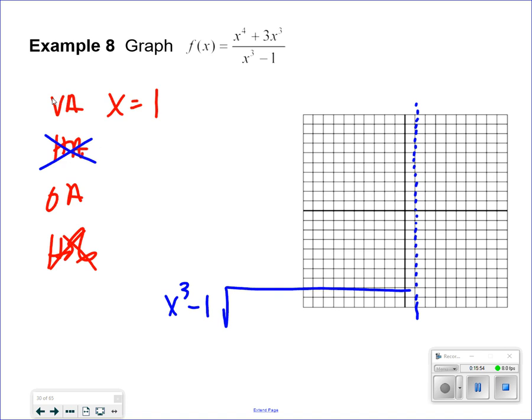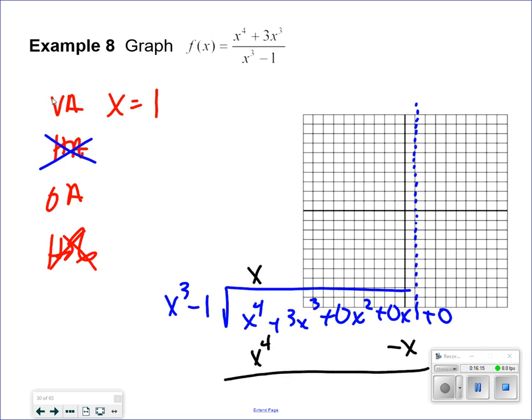I long divide. X to the 4th, 3x cubed, no x squared, no x, no 0. All right, here we go. Look at the very first term. X cubed to get x to the 4th makes x to the 1st. Would then get you x to the 4th minus x. So notice that I put it under the correct column.